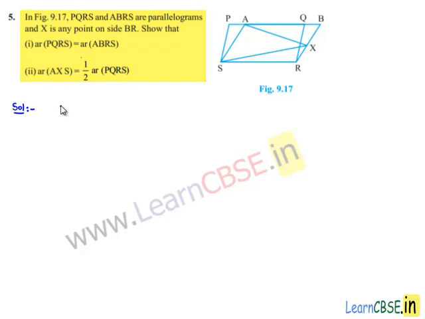Given information is that PQRS and ABRS are two parallelograms and X is a point on side BR. Now let us consider both the parallelograms, that is parallelogram PQRS and parallelogram ABRS.